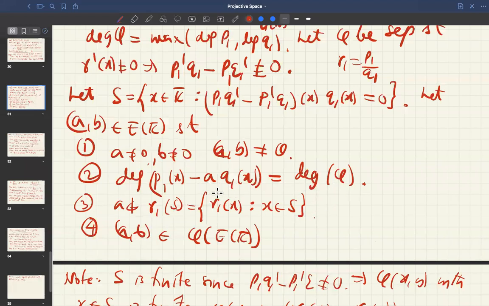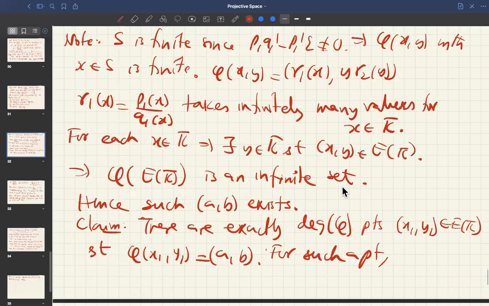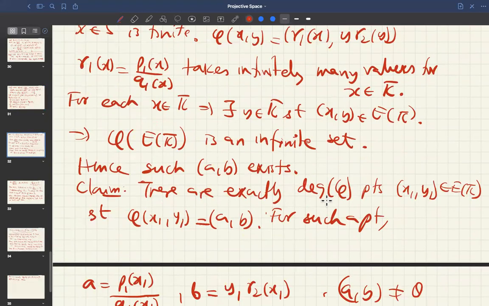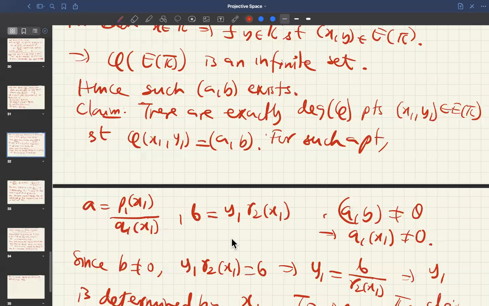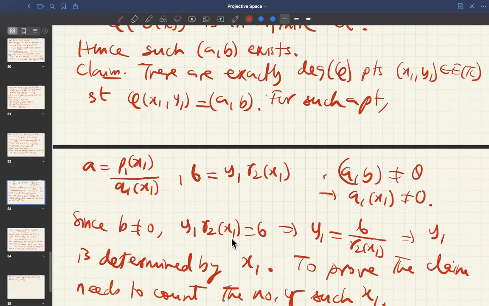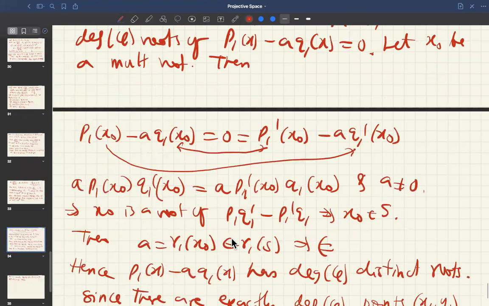Then the number of roots here is the same as degree of phi, and we proved that there are exactly degree phi points x1 y1 satisfying phi of x1 y1 is AB.